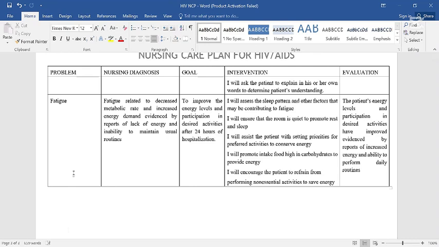You can have fluid volume deficit because of diarrhea. So all those things can apply in this patient, but we've just chosen these ones. So in your own time, find different problems and try and write about them, so that you can understand more about the HIV nursing care plan.